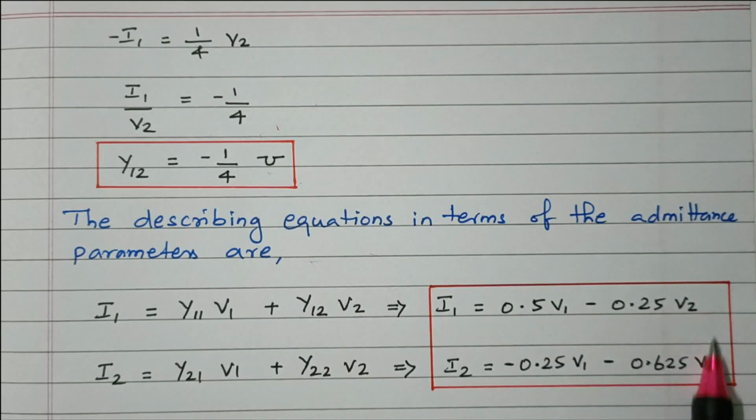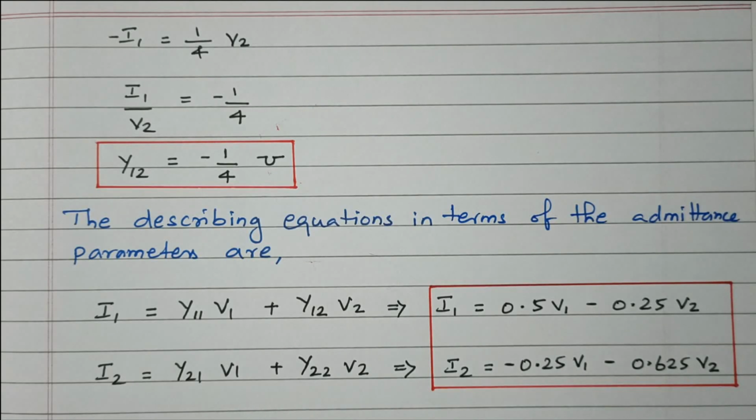So all these four values are calculated. Our aim was to find the admittance parameters. The first two parameters are calculated by short circuiting the output port, and the remaining two are calculated by short circuiting the input port.